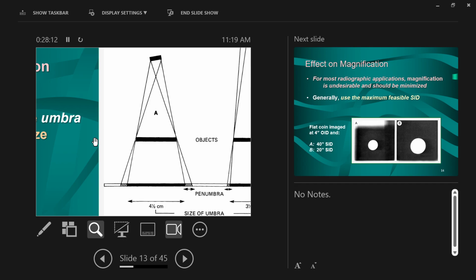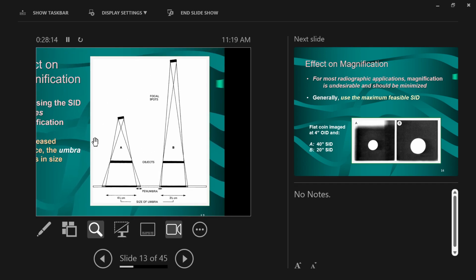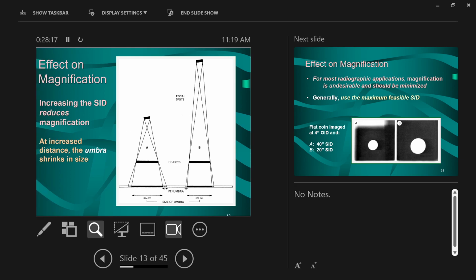If instead, let's just put these on screen together, if instead the source is very far away, then as the lines come down, they don't spread as much and the shadow is smaller. Longer distances make for less magnification.